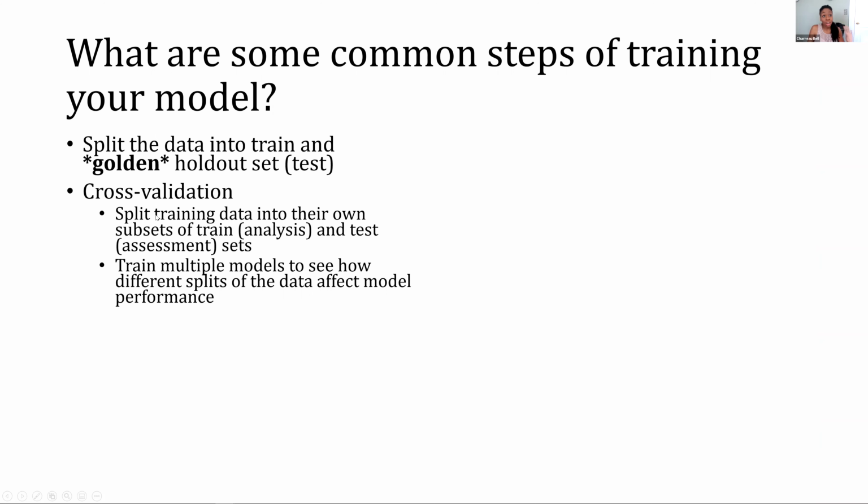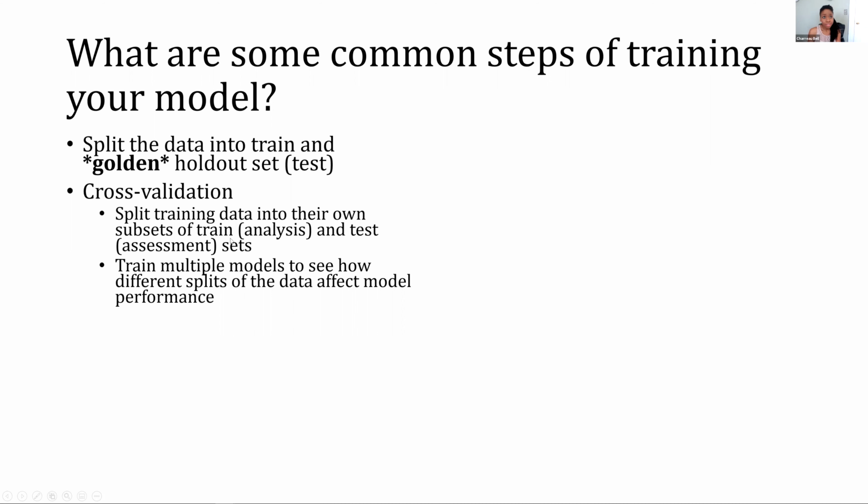So a term that is often used or is popularly used for the subsets during cross-validation is the part that would be the training set is called the analysis set. And the part that would be called the test set is called the assessment set. So this kind of distinguishes what is the training and testing set versus like the sub testing sets and training sets of cross-validation. And again, we like to do cross-validation because it gives us an estimate on model performance without having to go to the test data.